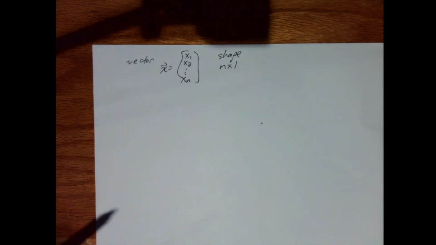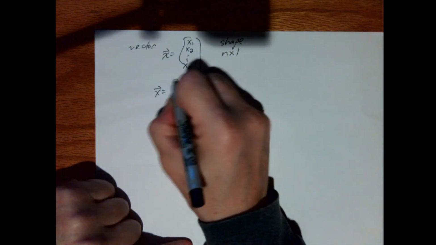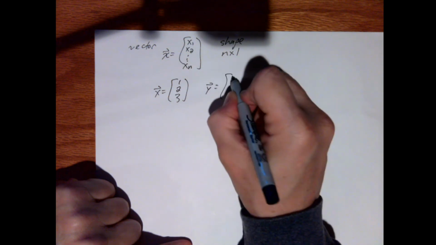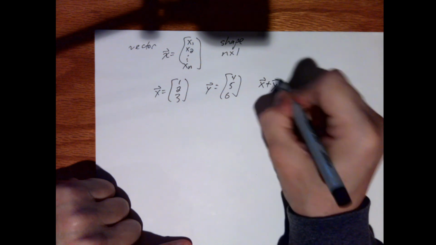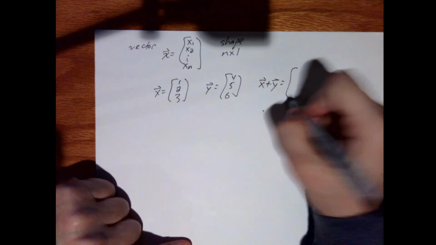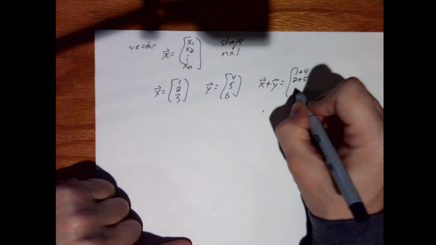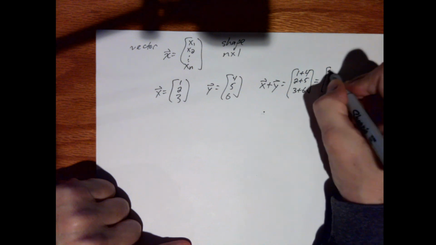So if I want to add vectors, the same rules apply. If I have, say, x is 1, 2, 3, and y is 4, 5, 6, then x plus y is a new vector where we have 1 plus 4 here, 2 plus 5 here, 3 plus 6 here, and this simplifies to 5, 7, 9.